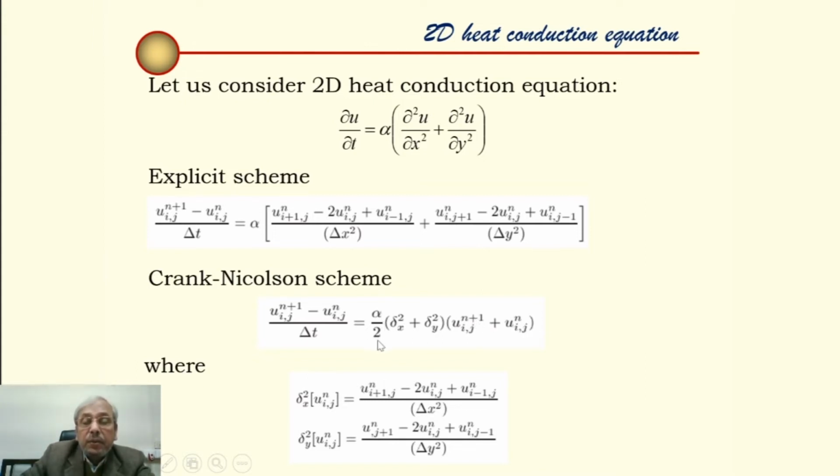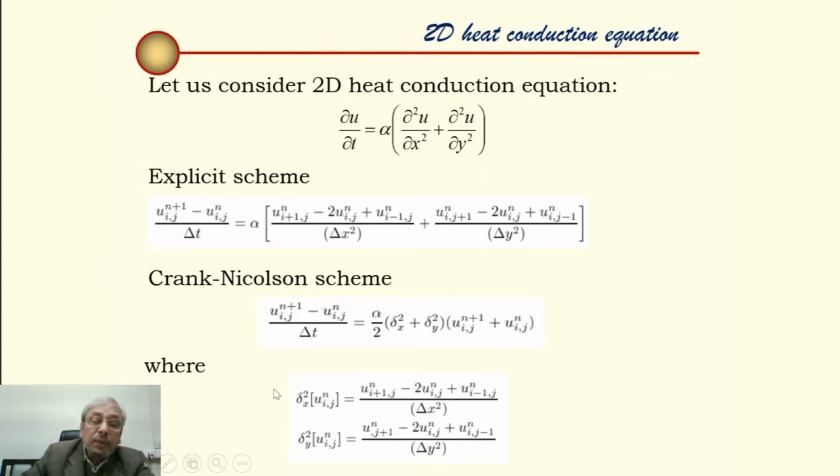So alpha by 2, then the central difference operator in x direction operating on uij at n plus 1th level and nth level. Then again the central difference operator in y direction applies on uij at n plus 1th level and nth level.